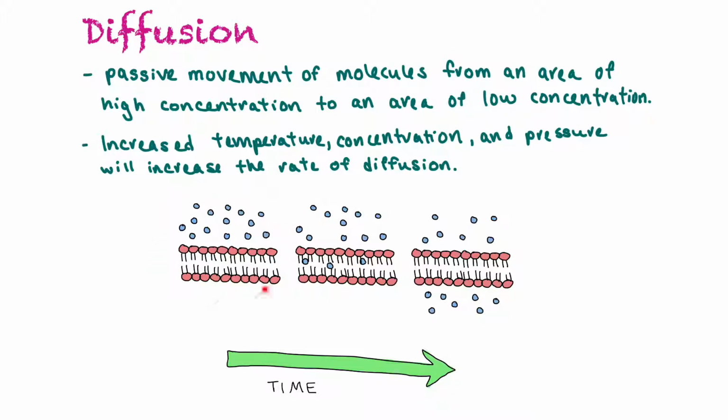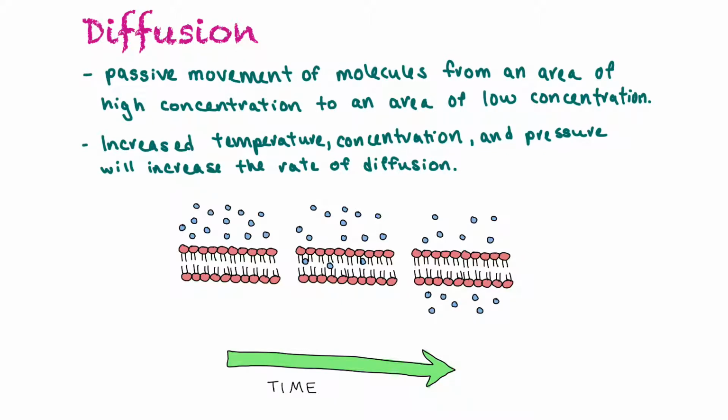Imagine we had this cell membrane, and all the particles of whatever substance this is are congregated on one side of the cell membrane. Over time, those particles are going to keep bumping into each other and pushing on each other, and eventually some of them are going to be pushed through the cell membrane until eventually you end up with a balance of particles on both sides of the membrane. And this is said to be equally balanced.